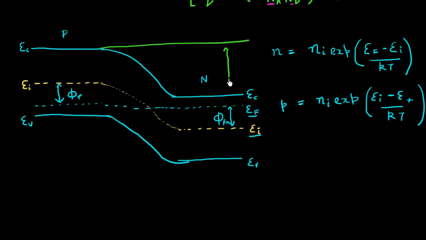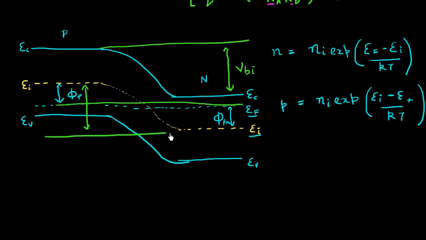And these potentials, my built-in potential in my PN junction, is essentially the total potential difference between this P and N region. So this is my built-in potential, and instead of referencing that to the conduction band, I can reference that same built-in potential to this Fermi level, and I see that this built-in potential is equal to this phi p, that is the difference between the Fermi level and the intrinsic energy level on the p side, plus this phi n, which is equal to the difference in the Fermi level and the intrinsic energy level on the n side.